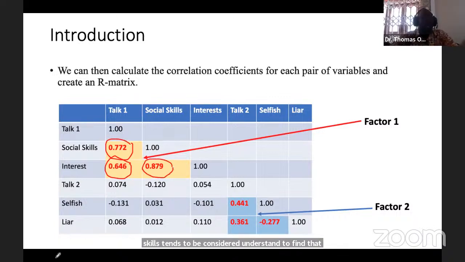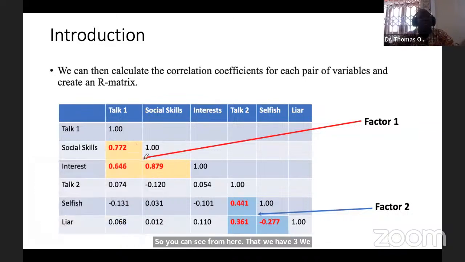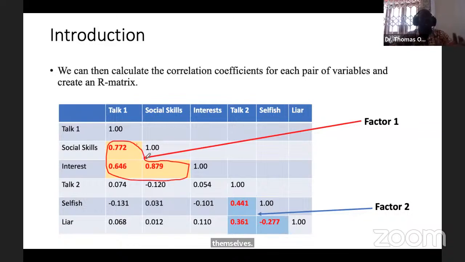So you can see from here that we have three variables that are highly correlated among themselves. They seem to contribute to something. They're related, which means they must be measuring a similar aspect, and let's say they're measuring what we call factor 1. Now when you look at the others, talk 1 and talk 2 are not correlated.